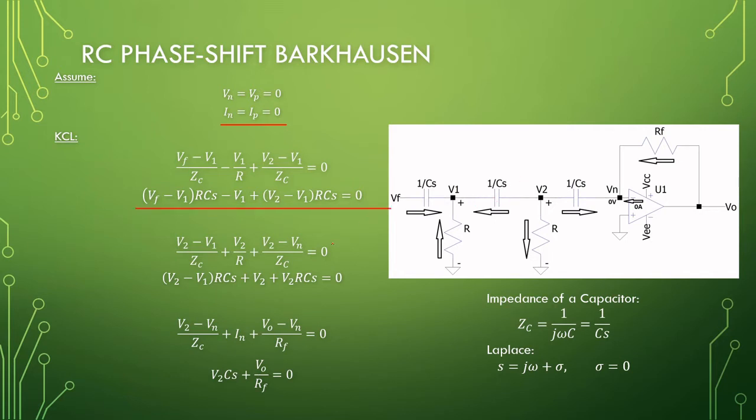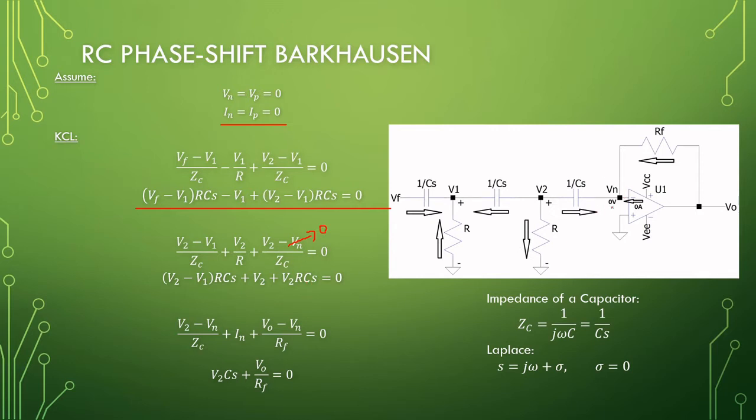And there we have our first equation. Same for the second: V2 minus V1 over Zc, V2 over R, and this is a plus because we defined it in the correct direction, plus V2 over R, and then V2 minus Vn over Zc again. Okay, and we know that this Vn is 0, so in the simplified format here, it is gone.